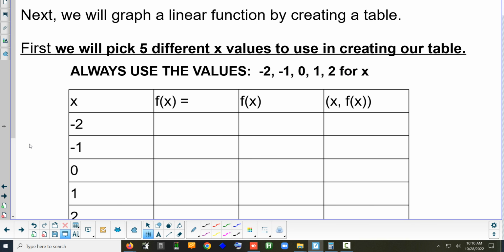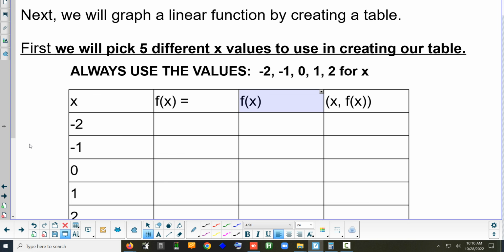This table is kind of like the one we did, I think, in the warm-up yesterday. You got a column for your x's, you got a column for your formula, then you have a column for your f of x, and then you have your coordinate.